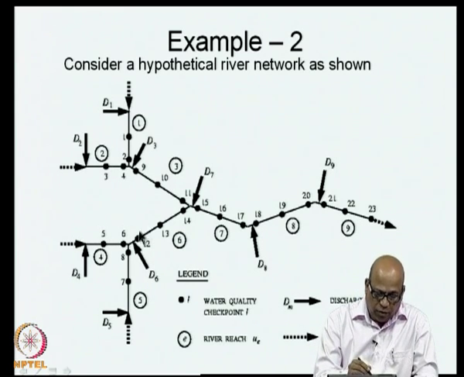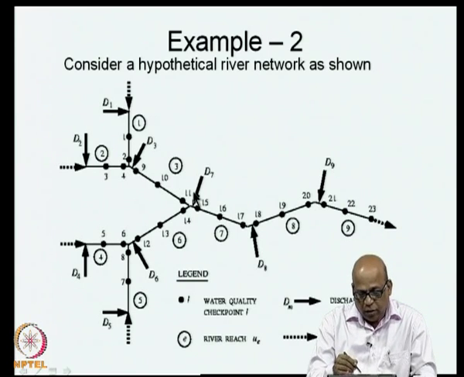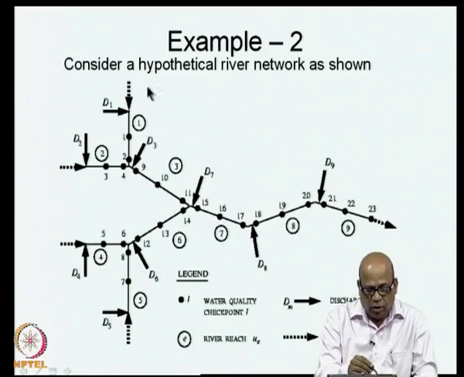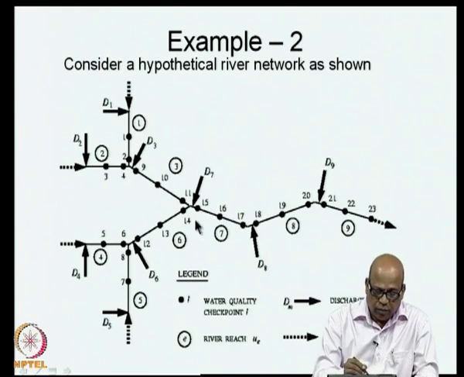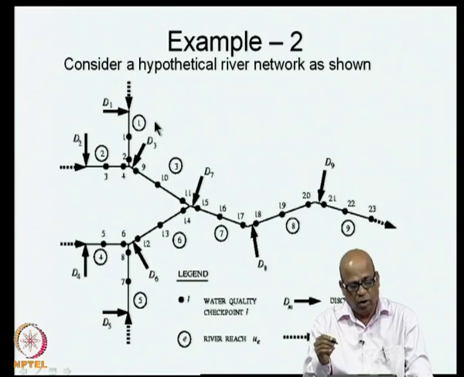The checkpoints here are decided based on the type of water quality model that we are using. For example, the discretization of the stream of a reach into several checkpoints, sub reaches, is based on the type of water quality model that we are using.